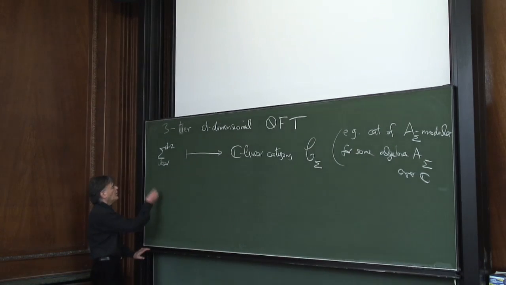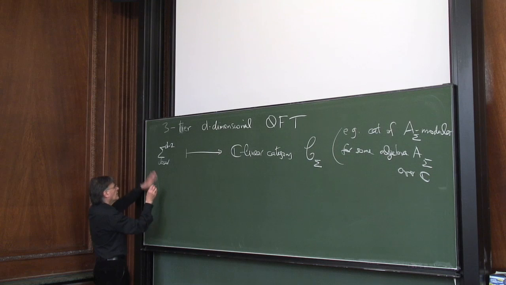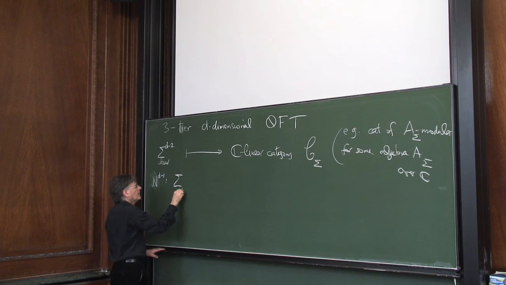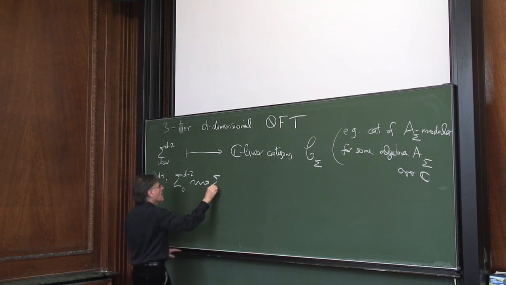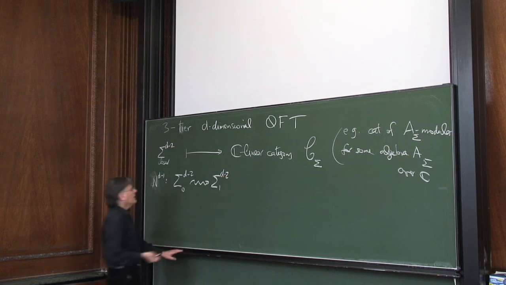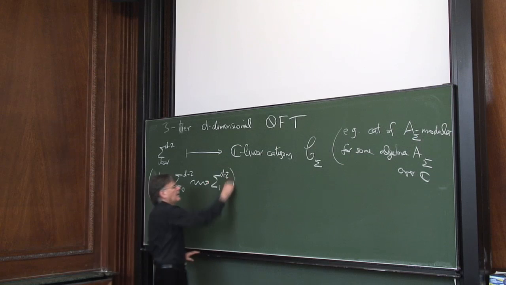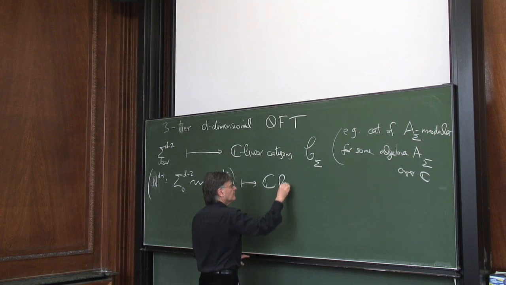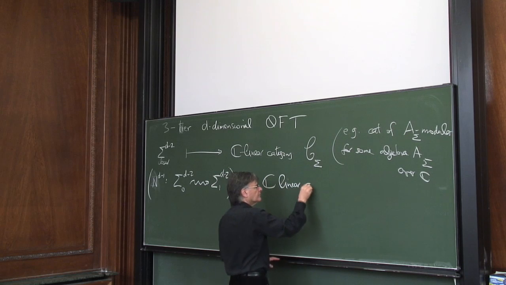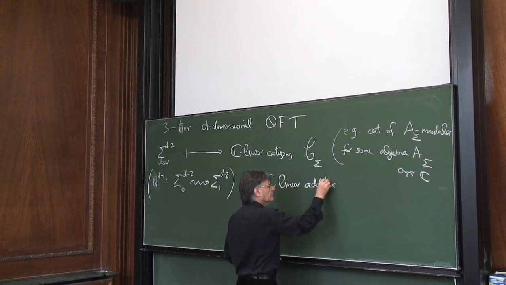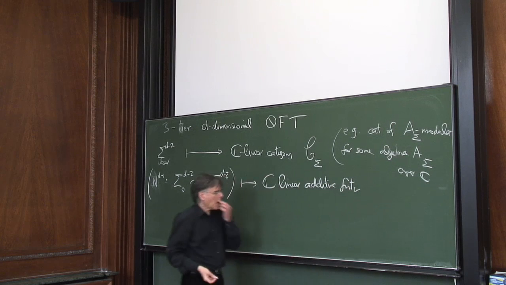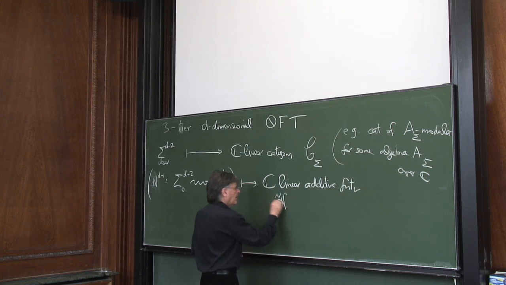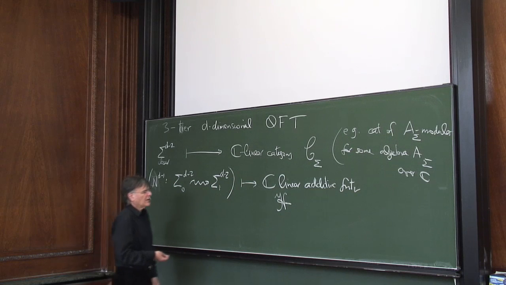Now, through the d minus 1 dimensional cobordism, we'll associate to that an additive functor. I'm going to, for rather strange reasons, perhaps write H_N.